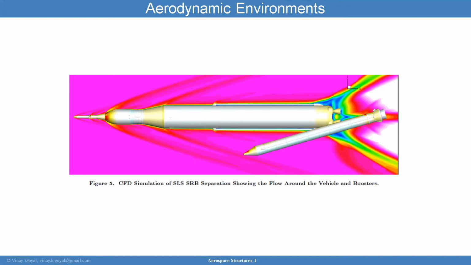In the space shuttle, for example, the side rocket motor had to be safely separated from the core during vehicle ascent. And anytime you have a separation event, you're going to have a predominant force that affects the motion of the launch vehicle component, and it can be quite important to consider.